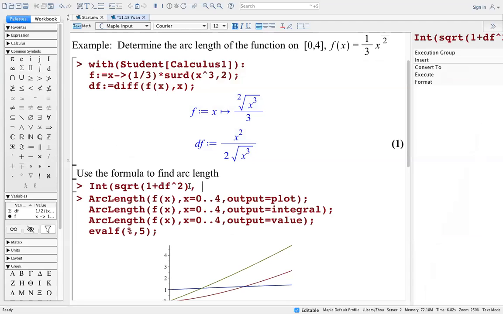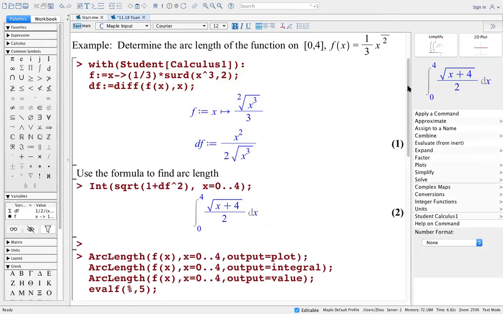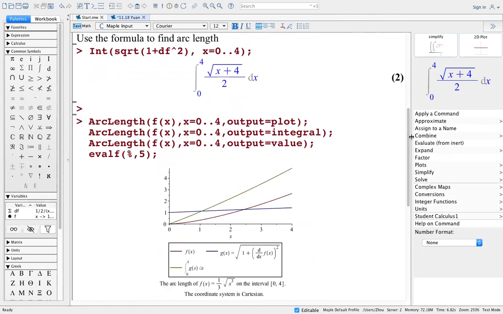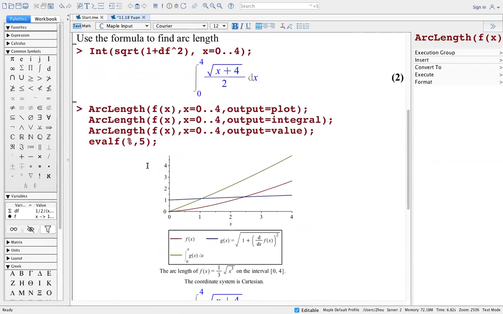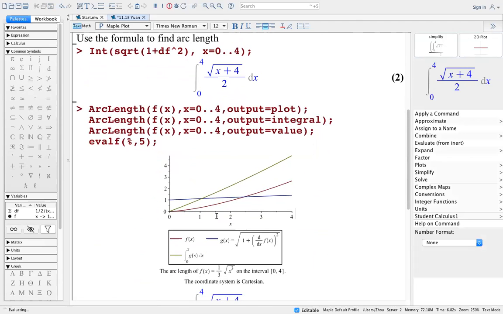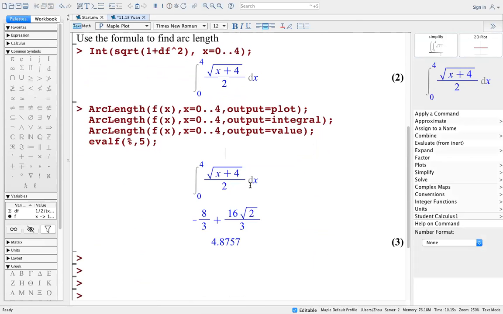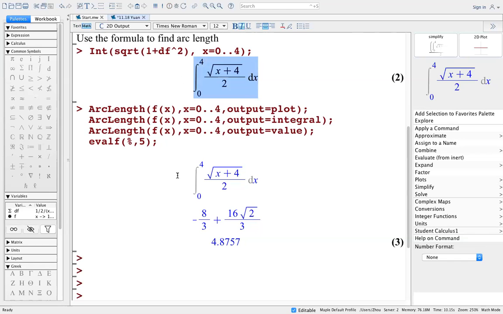Then we have x from a to b, which is 0 to 4. See here, this should match the command output. Let me get rid of the graph. See how this matches? It means we are doing the right thing.